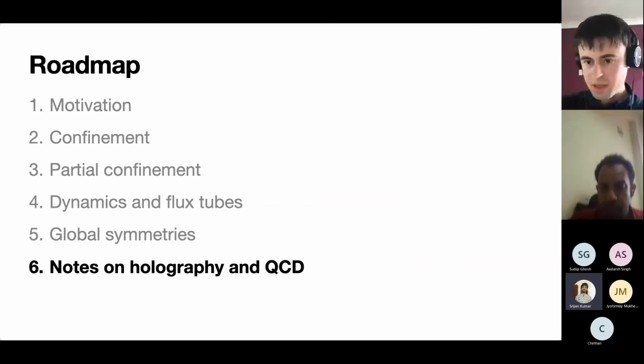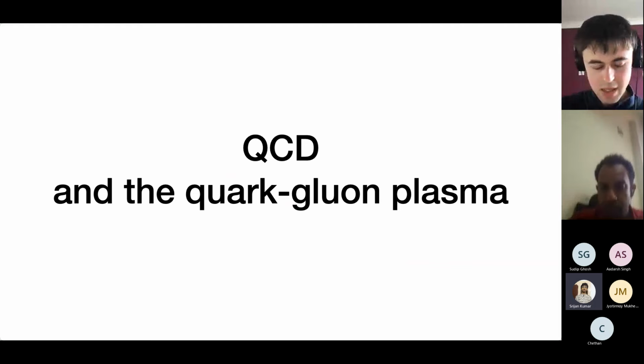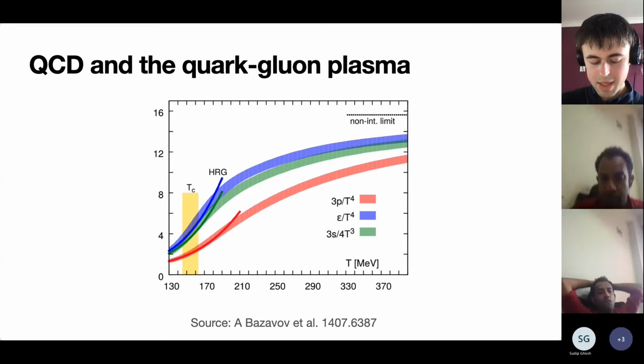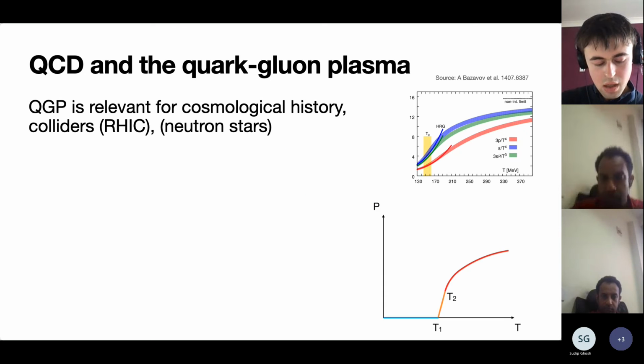So finally, I'll just say a couple of things about holography and QCD. This is the phase diagram at zero density for the quark-gluon plasma, and it's not well understood, and there's a lot of investigation going on into this crossover region, which is either a crossover or a phase transition. Understanding this diagram is relevant for cosmological history, as I explained in the introduction, and in colliders like RHIC or ALICE, and at high density it's relevant for the cores of neutron stars too.